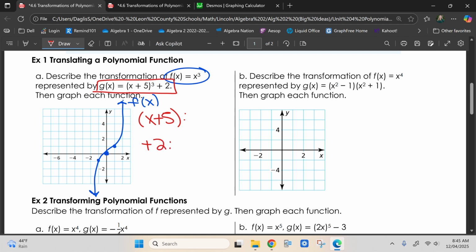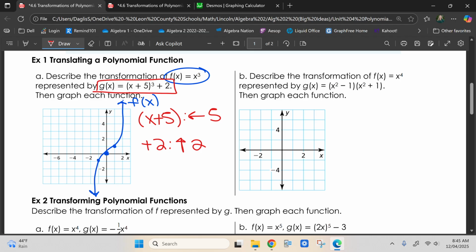The exponent does not matter. All we always care about is inside parentheses versus outside parentheses. So x plus 5 in parentheses does what to my function? Left how much? Left 5. What's that plus 2 going to do to my function? It's going to bump everything up 2.